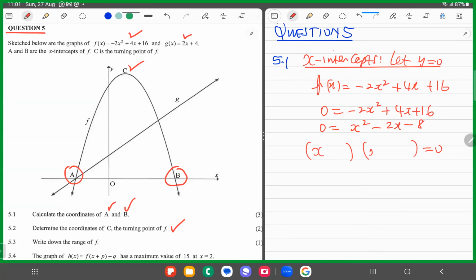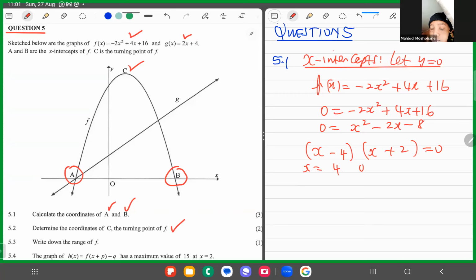Factors of x squared are x and x, and then you have minus 4 and plus 2, which means x is 4 or x is minus 2.